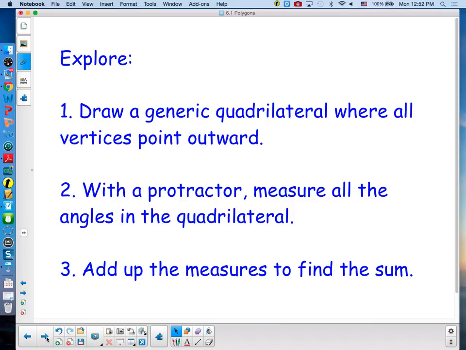Okay, draw a generic quadrilateral. What's quadrilateral mean? 4 sides. So generic. So I mean, don't draw a rectangle or a square. Go more generic. So 4 sides, but make it a weird looking 4-sided shape. All the corners have to point out, so don't make it go in.